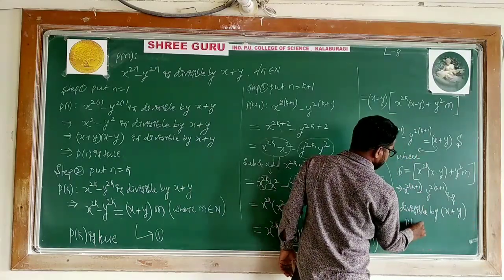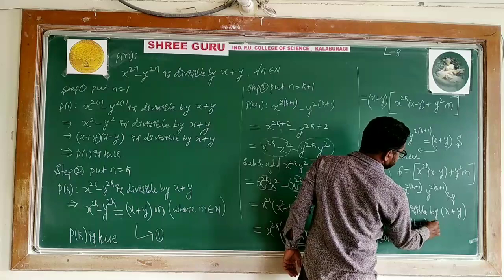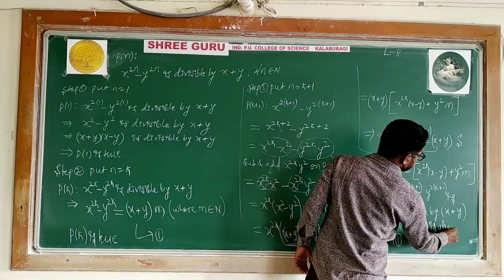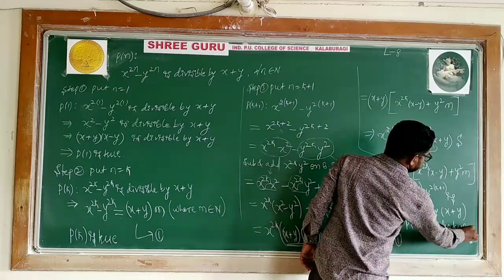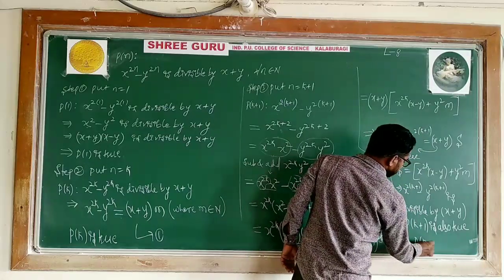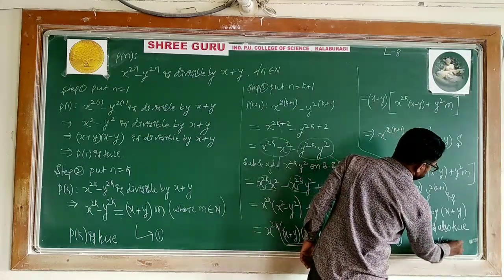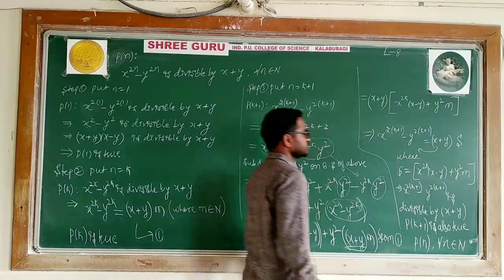Therefore, P of k plus 1 is also true. It implies that P of n is true for all natural numbers.